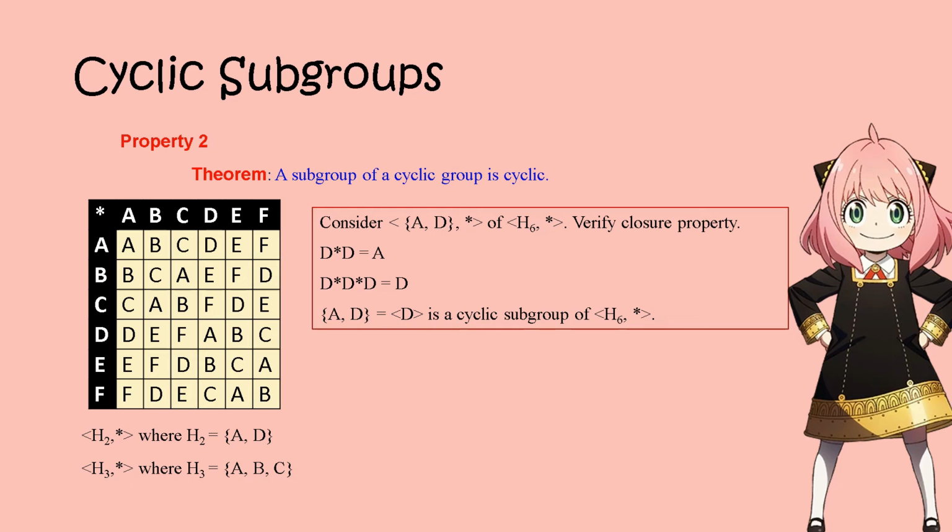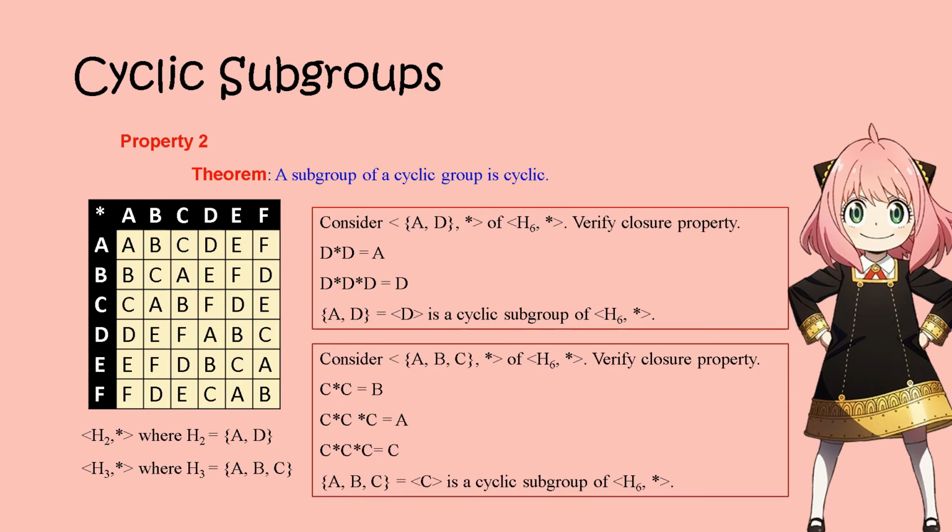D star D equals A. Then A star D equals D. So the subgroup {A, D}, equal to the set generated by D, is a cyclic subgroup of H sub 6 under binary operation star.